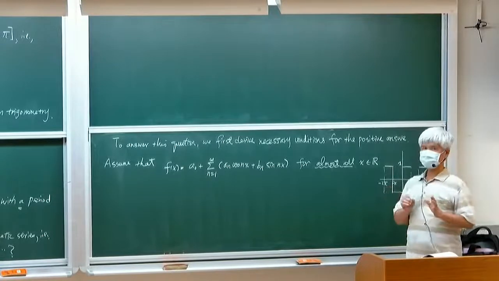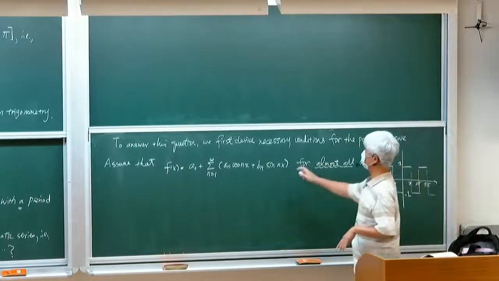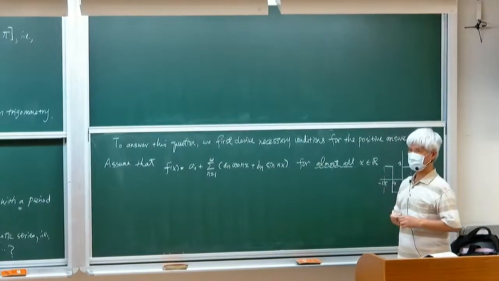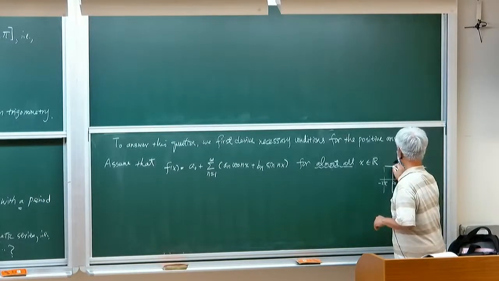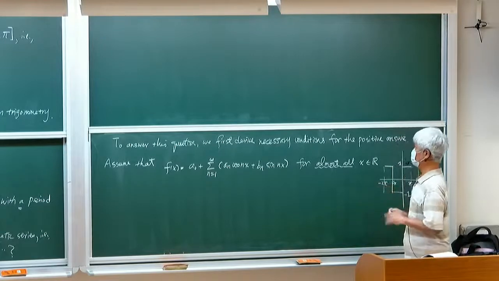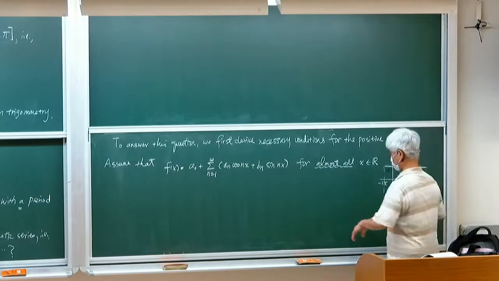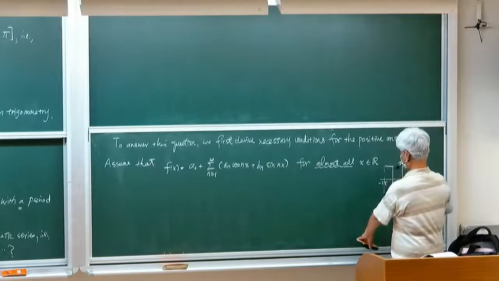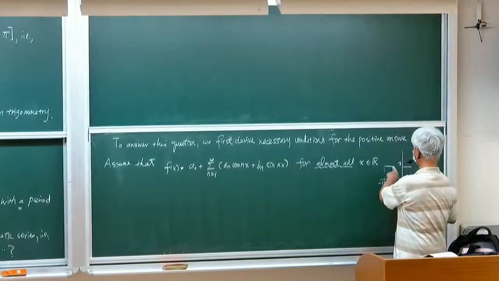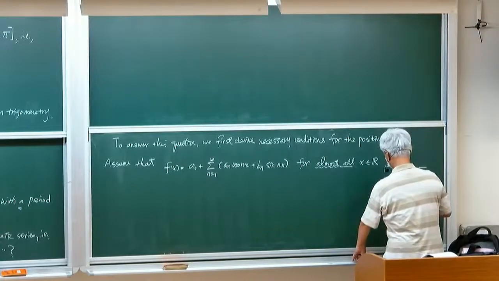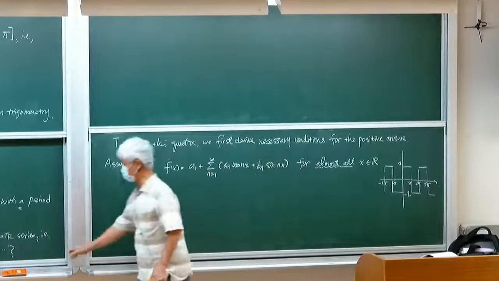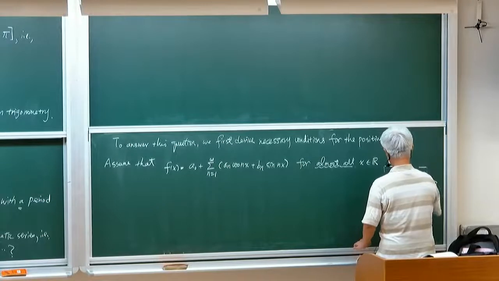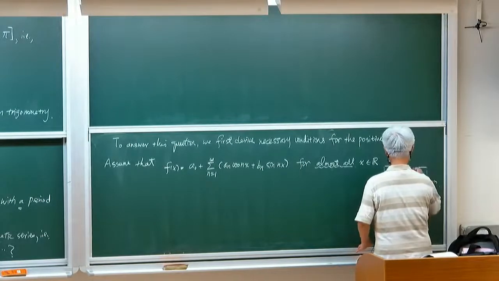So this trigonometric series cannot converge to the function at these points. Maybe it converges, but not equal to it. So as a function, I have to specify. For example, I choose left continuity.